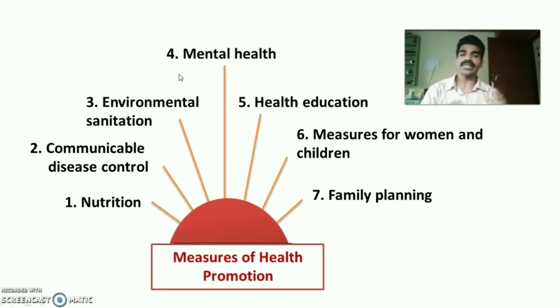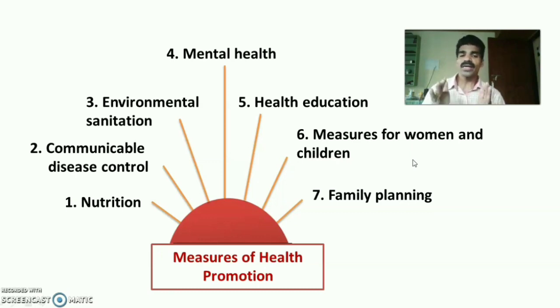Then health education regarding the situations, the problems, and the safety measures in the occupational settings, and special measures and facilities for the women and children, like a crèche, educational facility, maternity facility, etc., and free education for the children, etc. and regarding family planning and family welfare of the employees and workers.